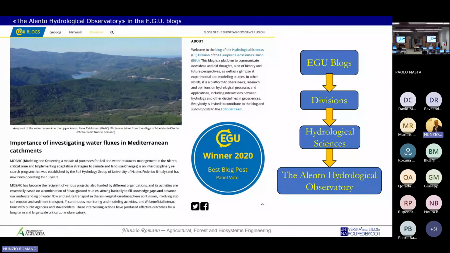And now we have close to 11 years of data collected in different catchments that are different because of land use and soil, but they are equipped in the equivalent way with the same wireless sensor network, with the cosmic ray, with the weather station, and so on.